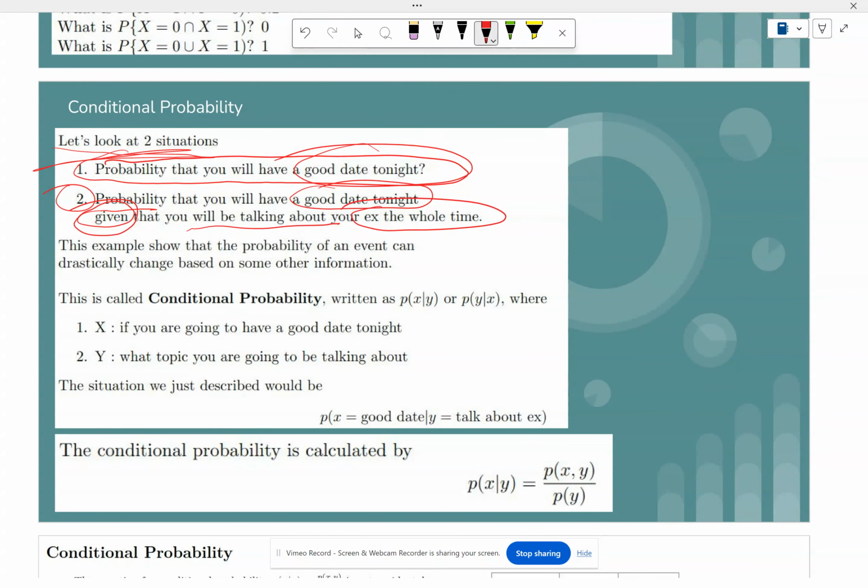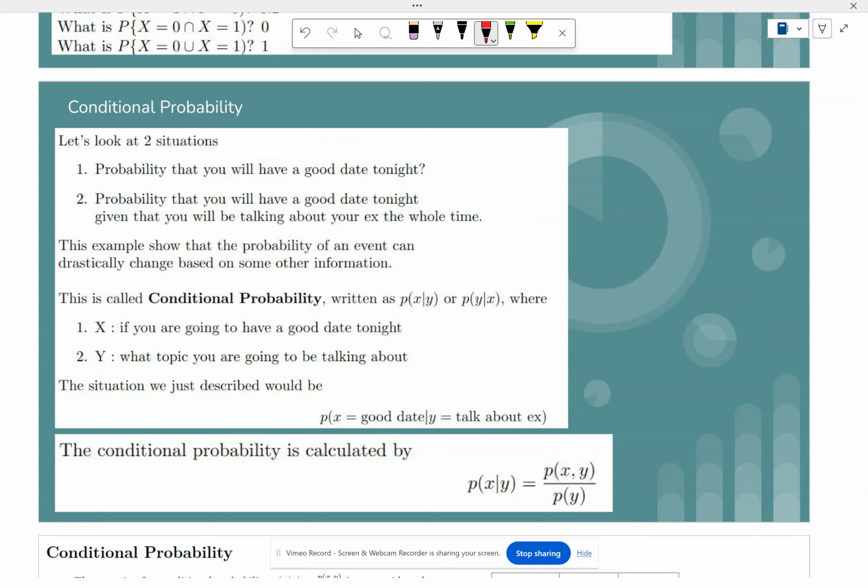So I hope you will come to the conclusion that based on this additional information, the probability you will have a good date changes, right? If more information is given to you, then you can base on this additional information and essentially come up with a new probability.